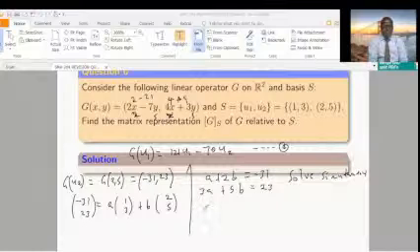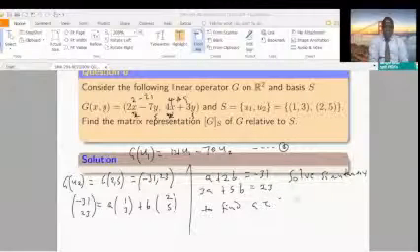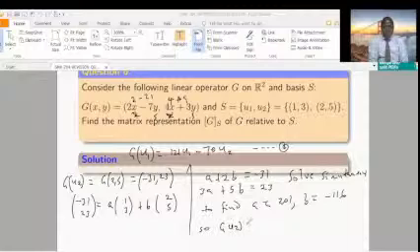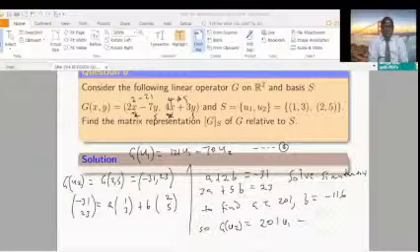When you do this, you get A to be 201 and B to be negative 116. So G of U2 as a linear combination of U1 and U2 will be written as 201 U1 minus 116 U2.